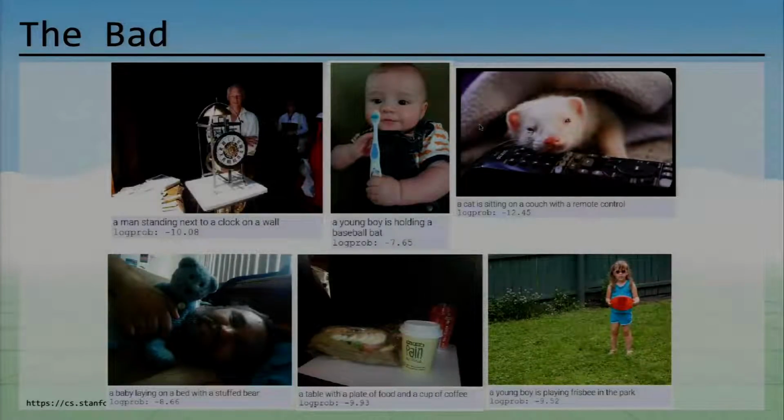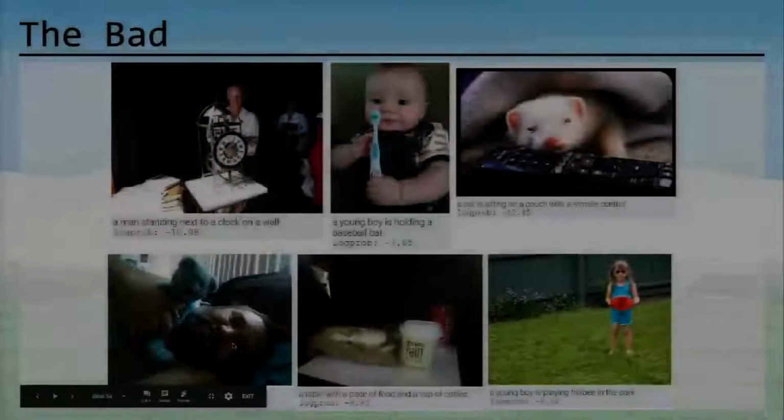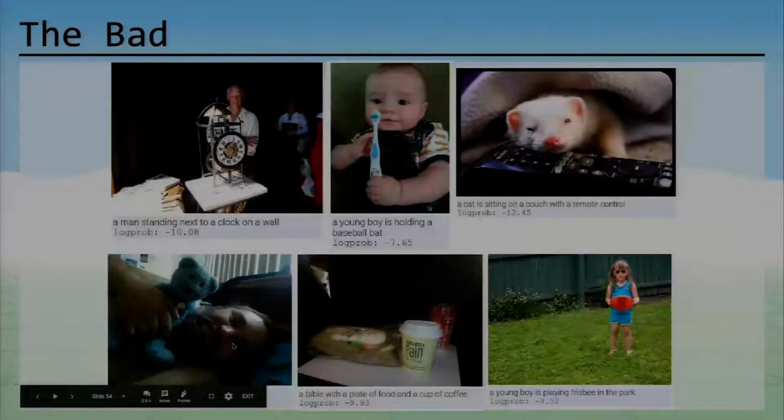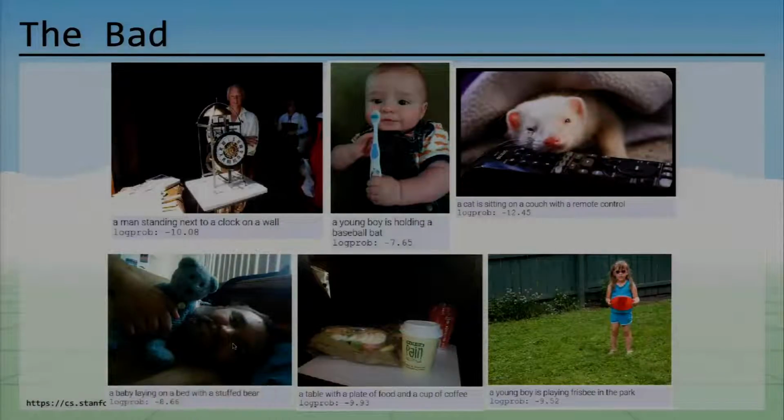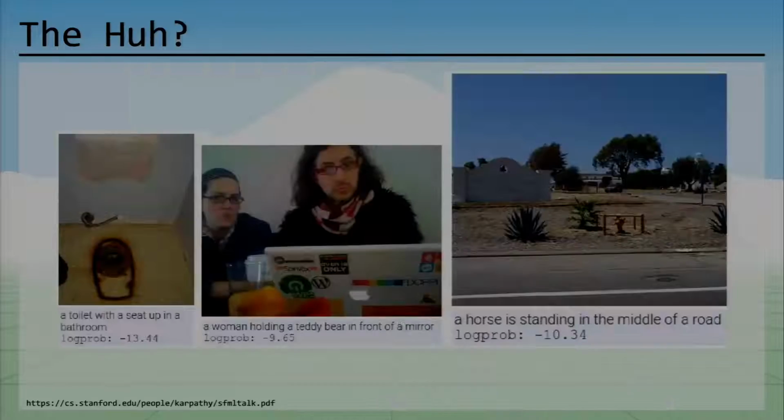Well, it's something sitting on a couch with a remote control. I like this one, a baby laying on a bed with a teddy bear. That guy clearly has a pronounced beard. So, in situations like this, you can sort of see what the network was looking at. It's just not quite all the way there, basically.